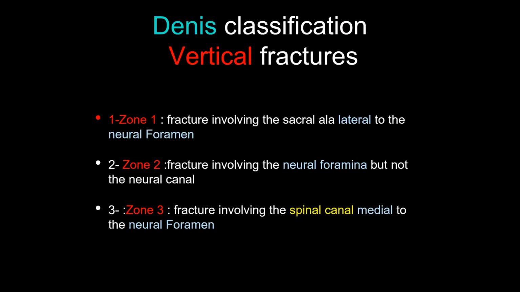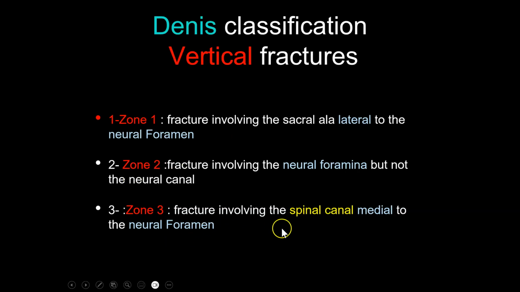So let's start with the Dennis classification. It describes vertical fractures of the sacrum. Zone 1 is a very lateral fracture, lateral to the neural foramina. Zone 2, fracture involving the neural foramina, but not the neural canal.